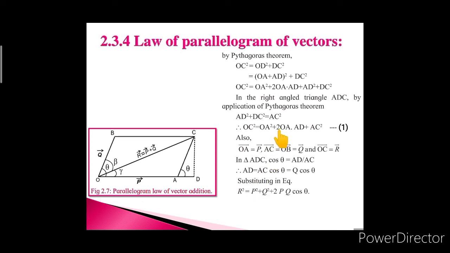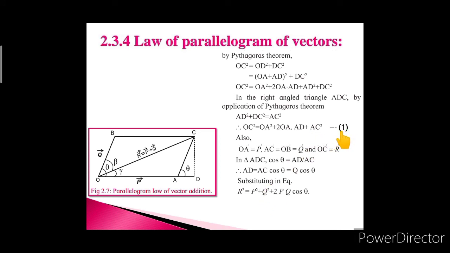Then plus sign. Over here we know the value of AD: AD is Q cos theta and OA is P. So 2 OA AD we can write as 2PQ cos theta, plus AC square, where AC is the magnitude of vector Q, so AC square is Q square.